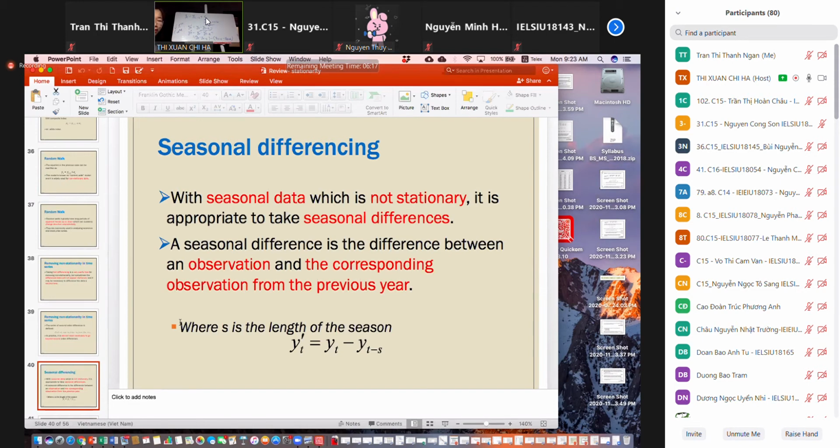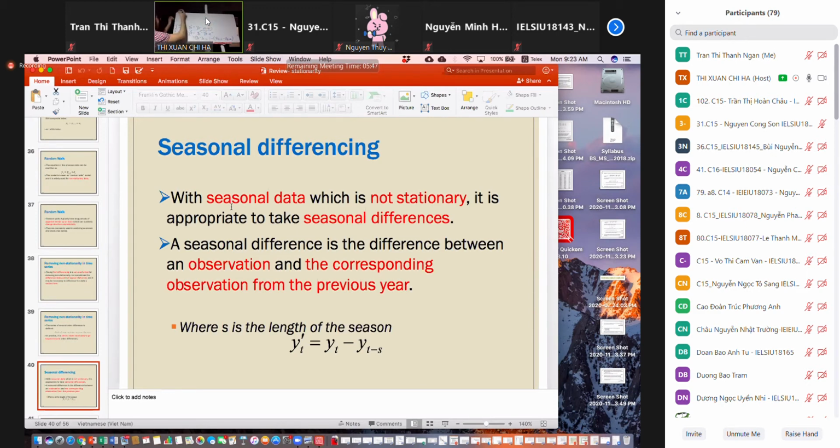So next, we consider the seasonal difference. Why do we consider seasonal difference? Because seasonal data should be not stationary. Okay, so we go with the seasonal.